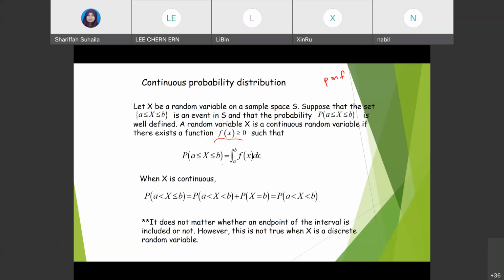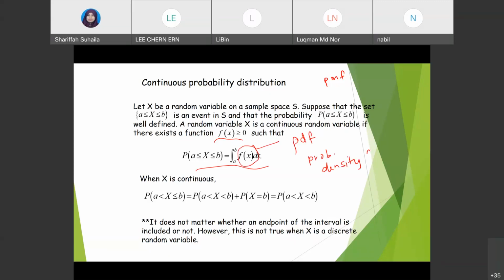You integrate from a up to b f(x) dx. This f(x) here we call the PDF, which is the probability density function.